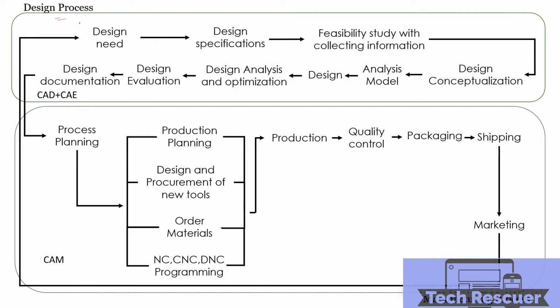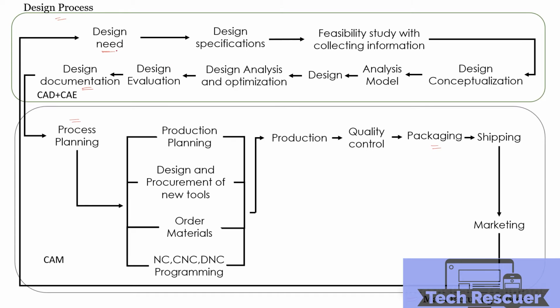One is the design phase, and the second is the manufacturing phase. The design phase is divided into a number of steps, starting from design need identification and ending with design documentation. Then the manufacturing phase starts from process planning and ends at packaging of the end product.